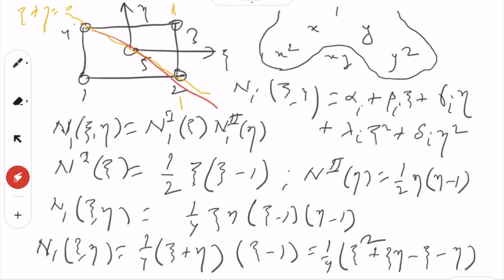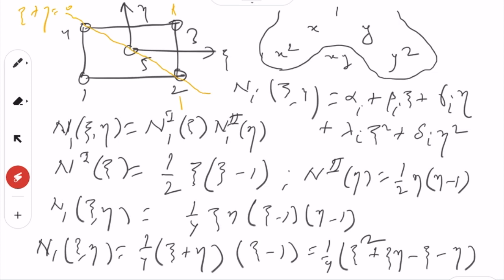So if we have this one, we have xi times eta. Now if you don't want to find out xi times eta, then here we should not have xi and we should not have eta in this case. Is it possible? Probably it may not be possible.